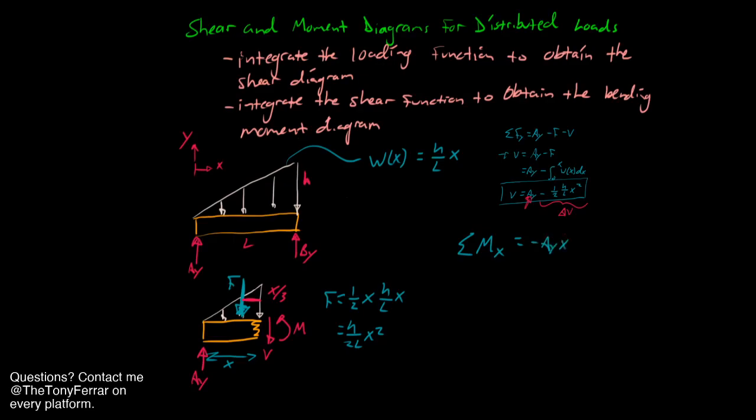We have F acting counterclockwise, so that's positive. It's F, and it's got a moment arm of x over 3, and we've drawn our moment in the positive direction.